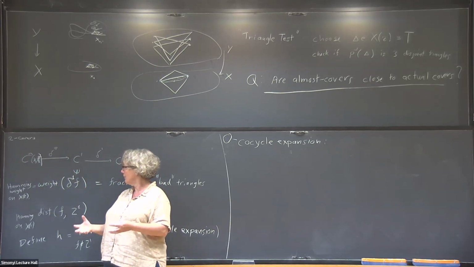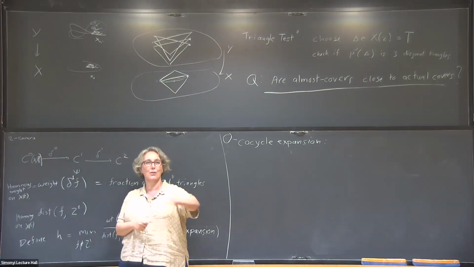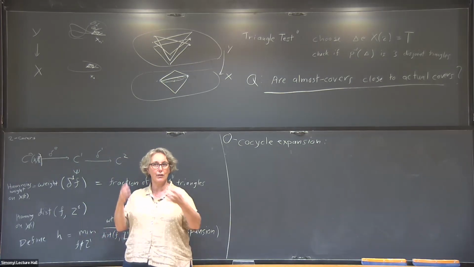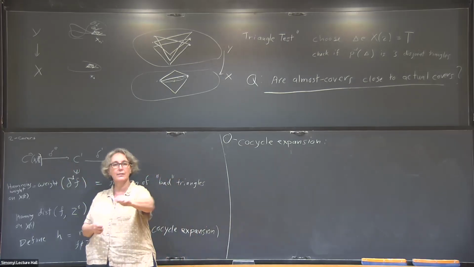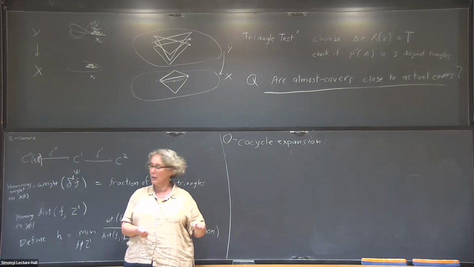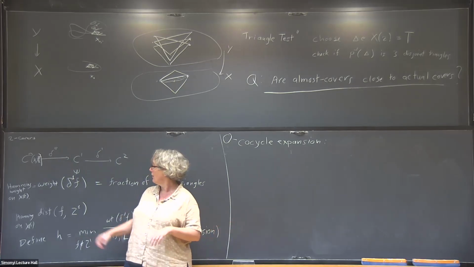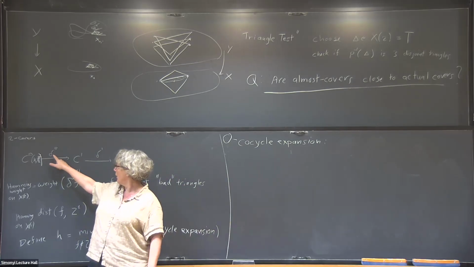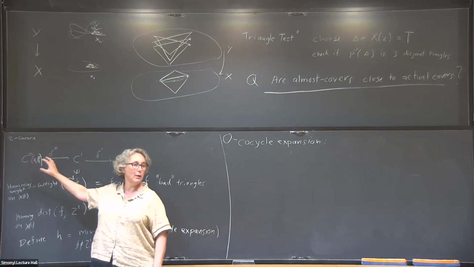So delta zero of a function is exactly one on all the edges going from the set to the complement. If a function is one on some set and zero on the complement, delta zero will exactly light up on all the edges crossing the boundary, and it will be zero inside the set and zero outside the set. So delta zero having small weight exactly corresponds to a set having small boundary.